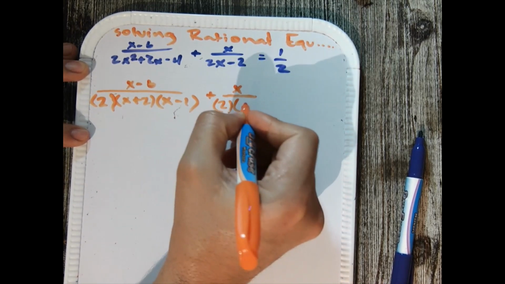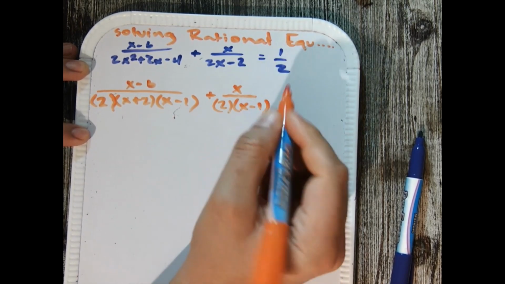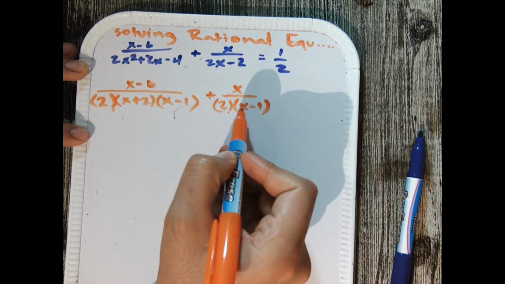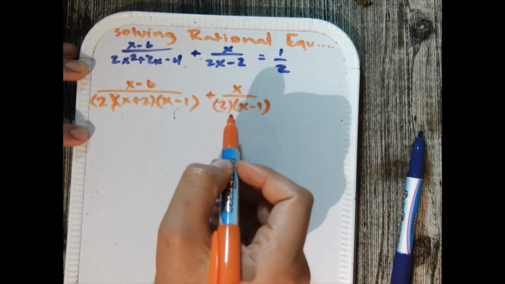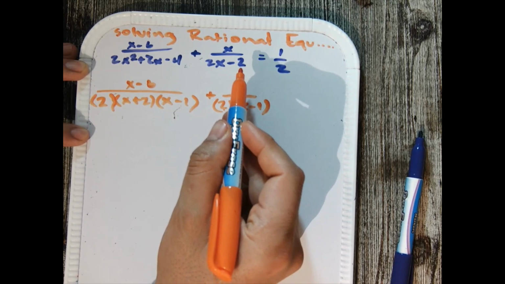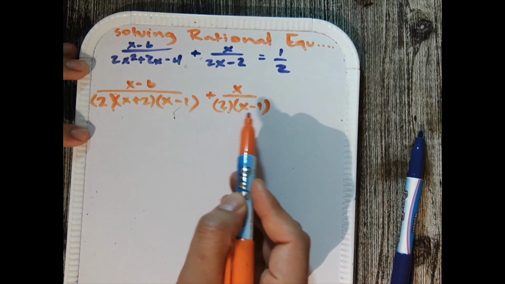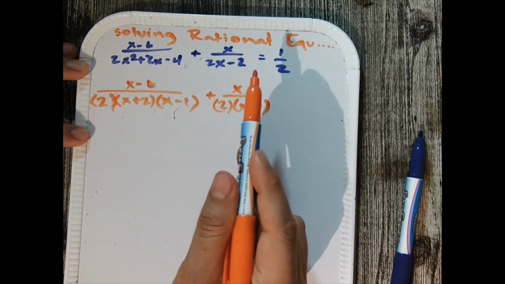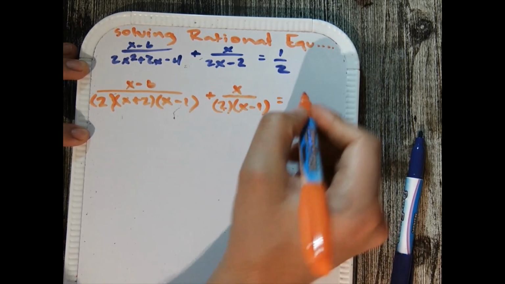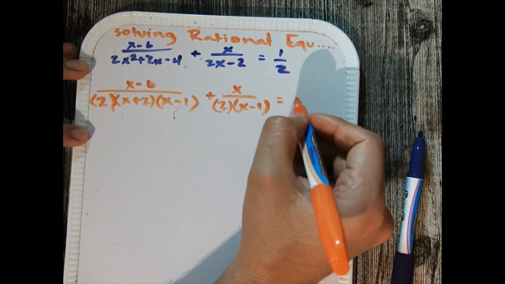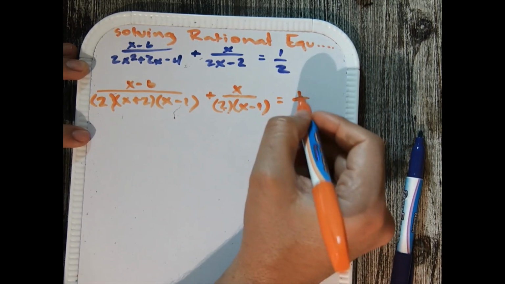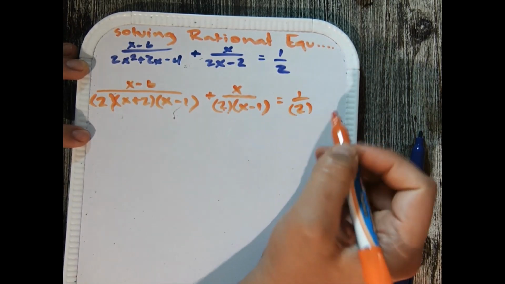My other factor is going to be x minus 1. 2 times x is positive 2x, and 2 times negative 1 is negative 2. So these are the two factors of 2x minus 2. On this fraction, I simply have 1/2. I'm just going to put it in parentheses.